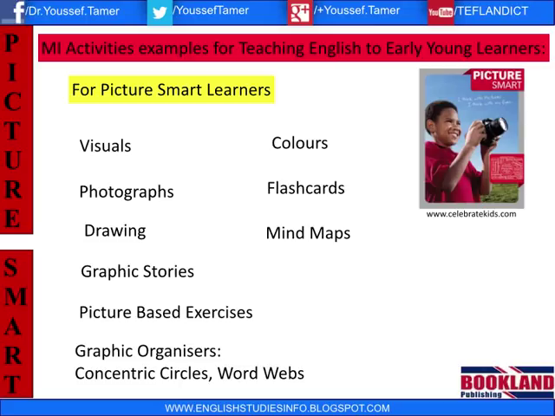Graphic stories means stories where you have cartoons and they are speaking. Picture-based exercises, graphic organizers like concentric circles, where you try to summarize. And then word web, where you have a word surrounded by different words belonging to the same family, having the same meaning, something in common, like the web.